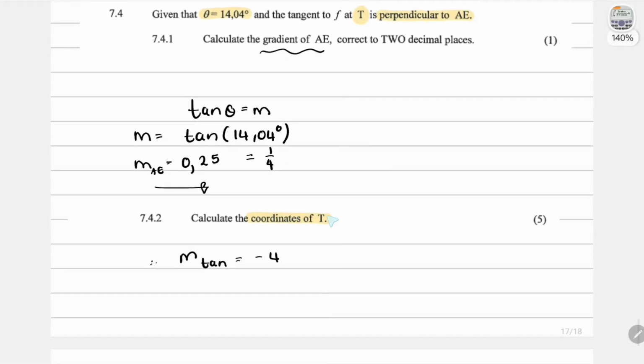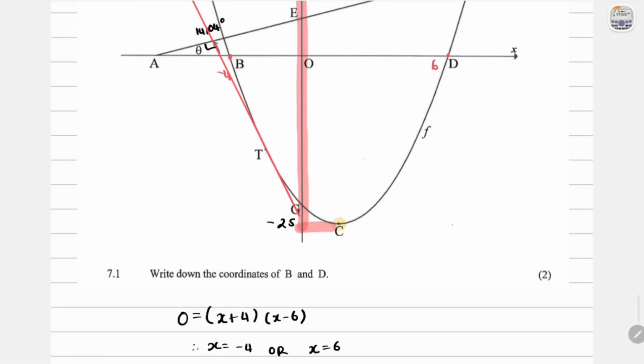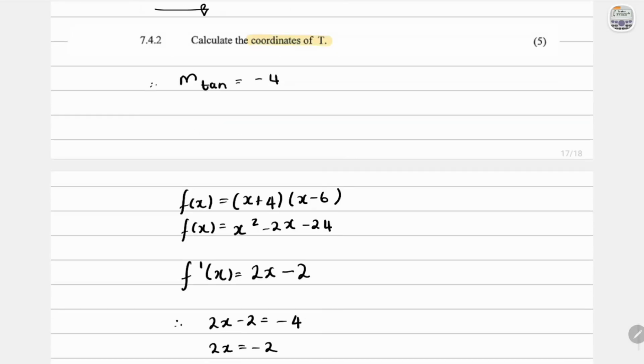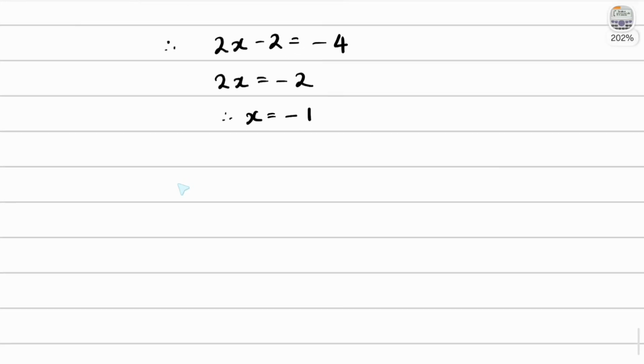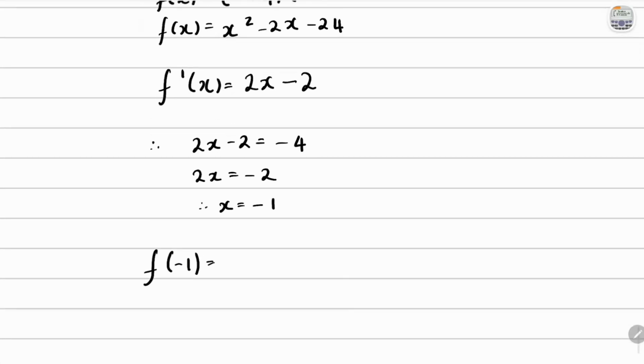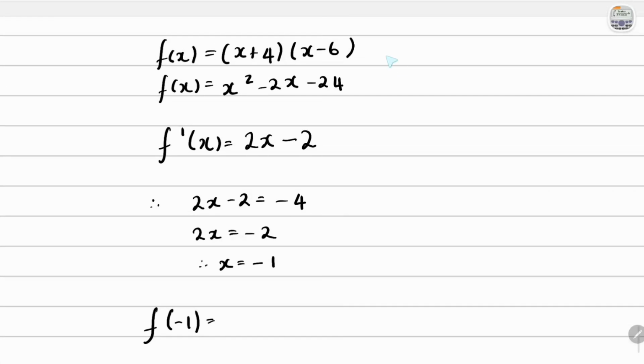Great. Now we need the full coordinates of T. If we know the x value here is -1, then to find the y value, simply substitute that x value into the equation of the parabola, since we have the full equation there, and then we'll find the y value. So putting it in the original equation, f of -1 equals, let's just substitute that there.